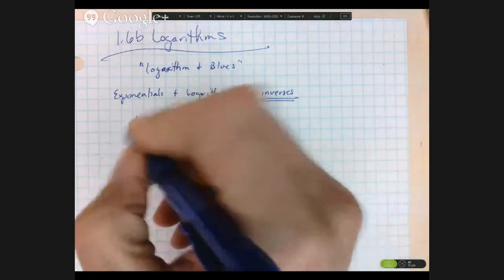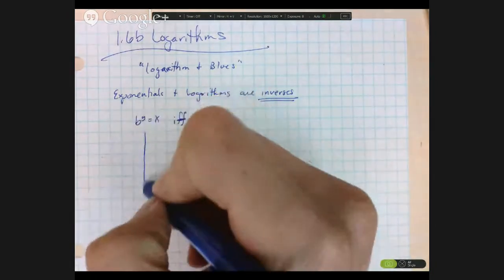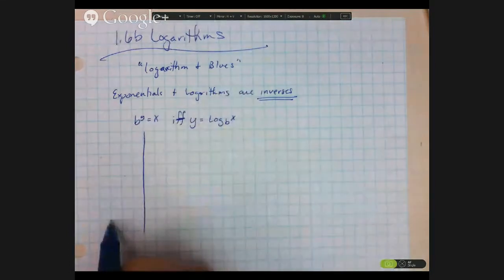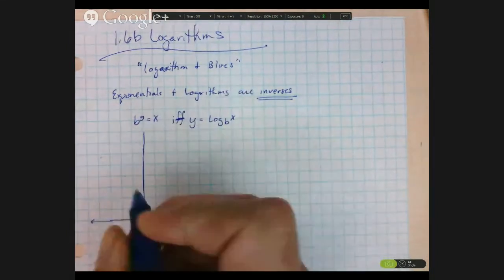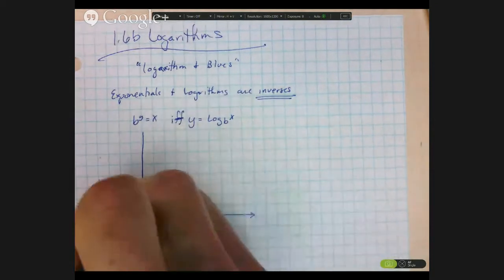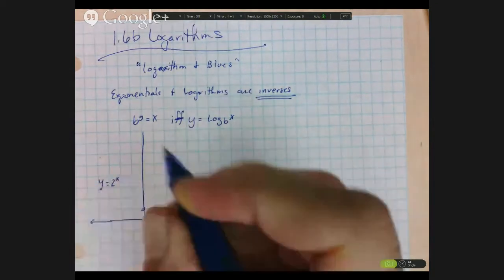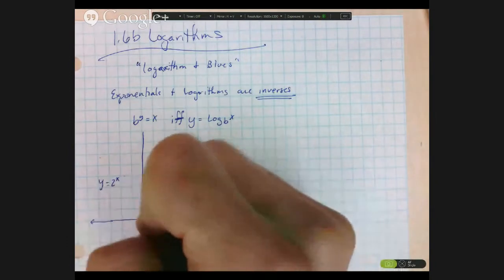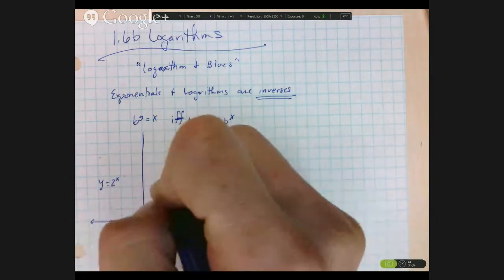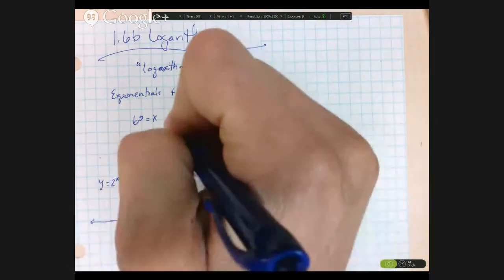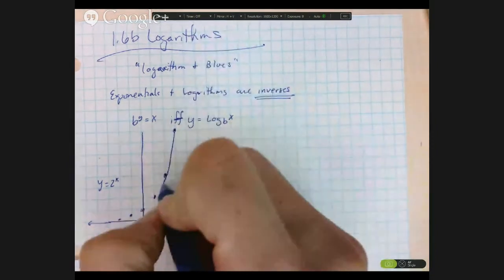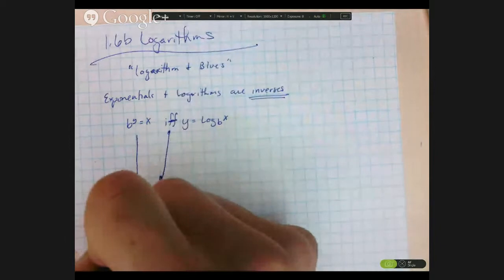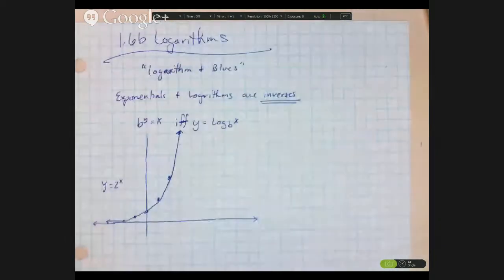At the same token, if I'm going to graph y equals 2 to the x, it would look something like that.